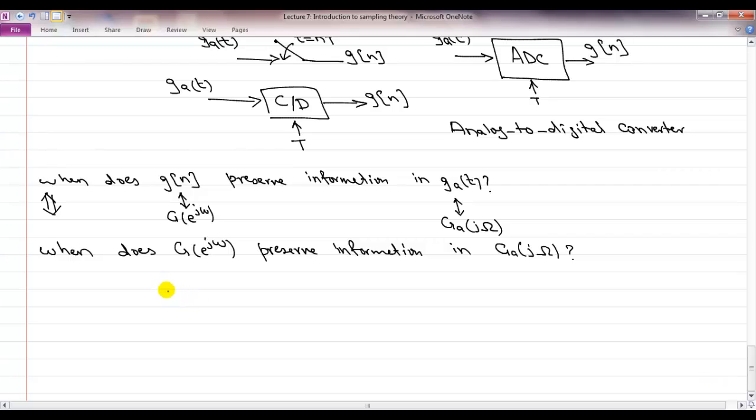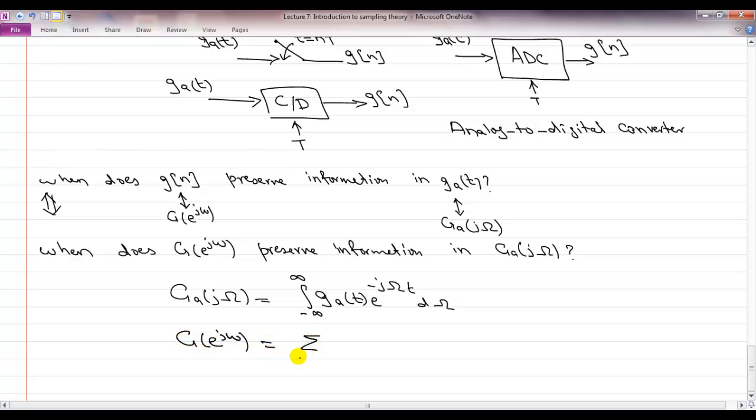Now, we can write down the definitions. The definition of G_a(jΩ) we know is simply the integral from minus infinity to infinity of g_a(t) e^{-jΩt} dt. Similarly, for the discrete time Fourier transform, it is G(e^{jω}) equals the summation over n from minus infinity to infinity of g[n] e^{-jωn}.